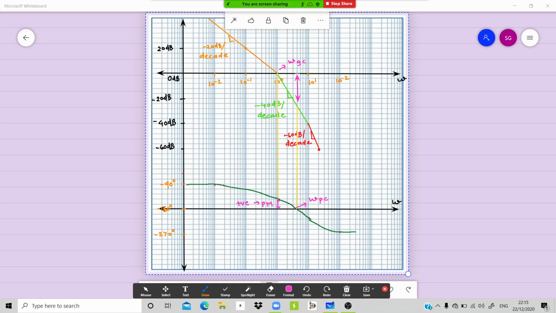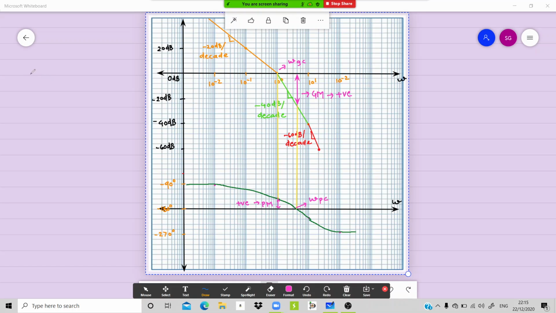From this point till this point, whatever you are having, this is your GM. And gain is less than 1. If gain is less than 1, then GM is more than 1, and log of GM is definitely positive. And if both are positive, yes, system is stable.